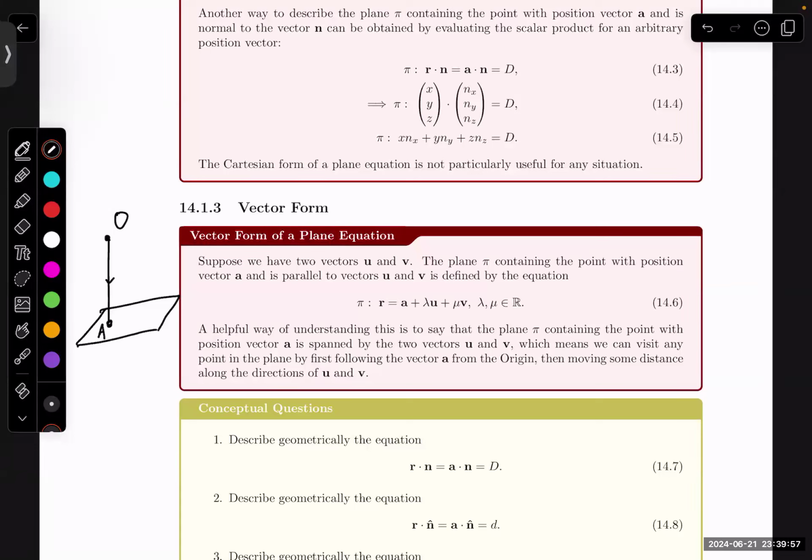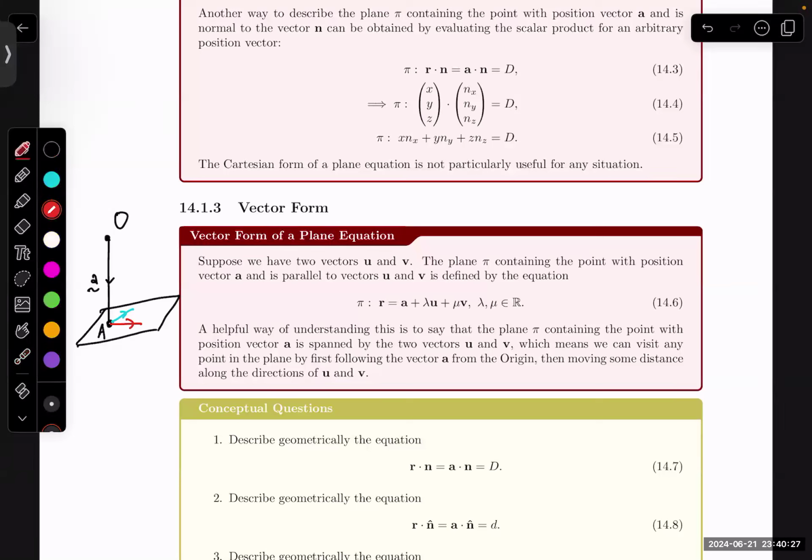Let's call this point A, and let's call this vector vector A. To describe this entire plane, I need two vectors along the plane but not parallel, not equal vectors, not parallel to each other. These two vectors must be parallel to the plane. That means they must lie flat on the plane, but they cannot be the same vector. Why do I want this?